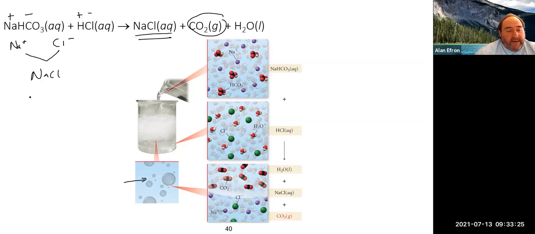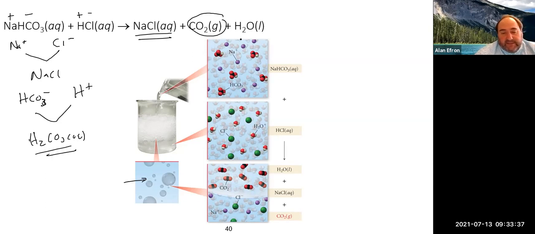It is our bicarbonate and our H plus coming together, which makes carbonic acid like I did on the previous slide. And that carbonic acid again goes through that decomposition reaction and produces, pretty instantly, CO2 and water. And all the bubbling that you see is that CO2 being generated.